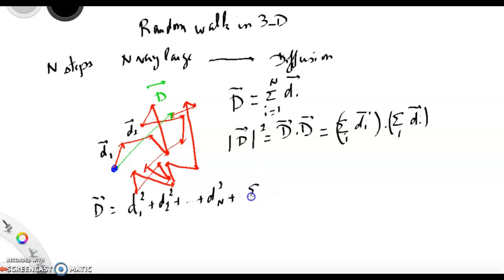So I'm going to have the sum for i going from 1 to n, the sum for j going from 1 to n, but this time as long as i and j are different, of di dot dj. And I get all the terms I can have in D squared. Now, di dot dj is simply di dj cosine theta, the angle between i and j. I'm going to call it cosine theta ij. Sorry, I'm writing a vector. I'm not supposed to.